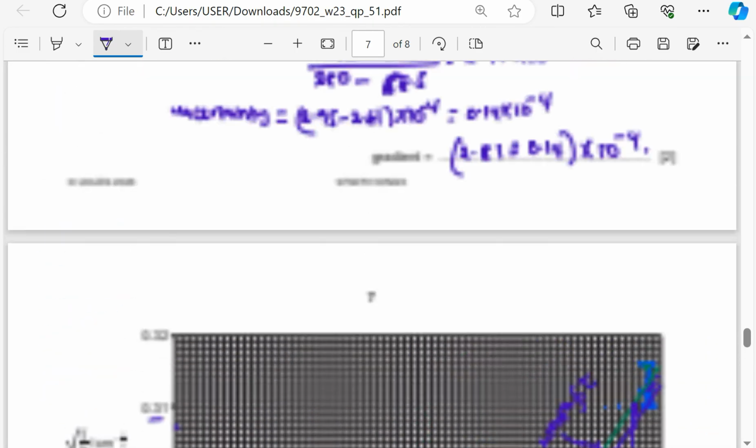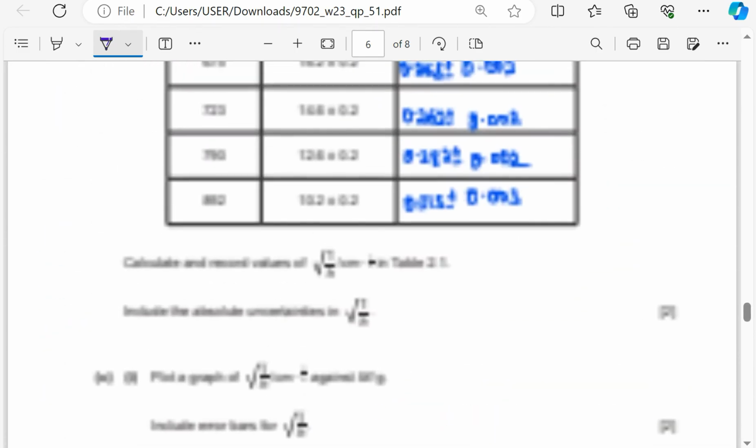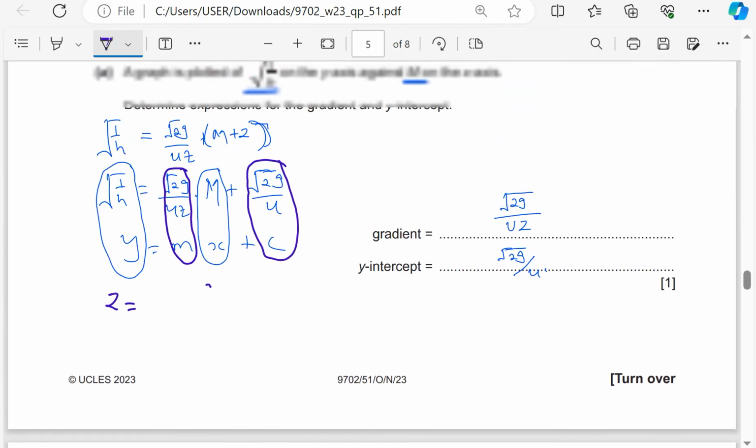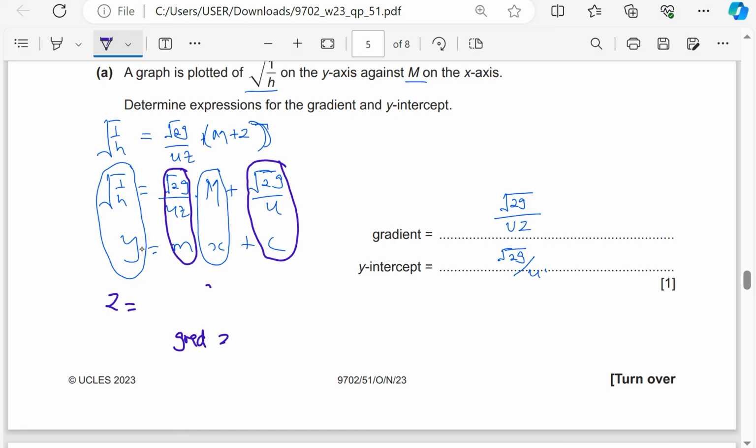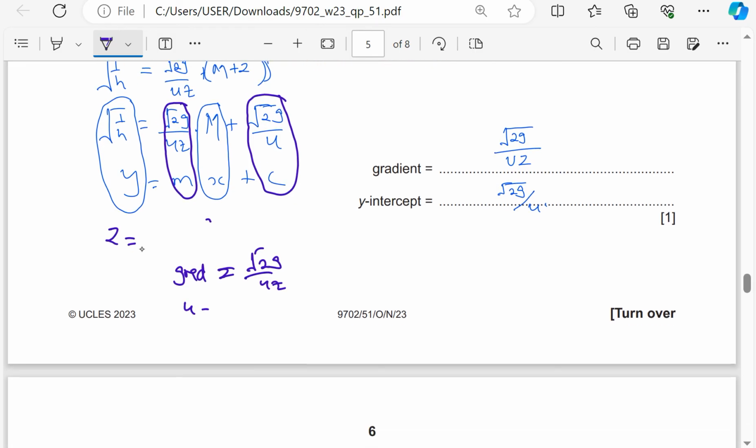So when you look at this equation, you notice that if I make z the subject, the gradient equals the square root of 2g over uz, and u is equal to the square root of 2g over the y-intercept.